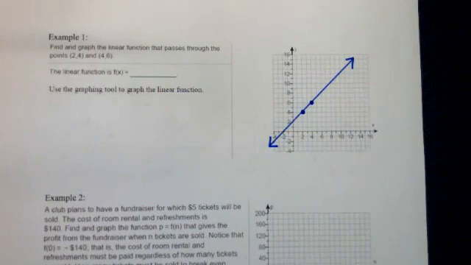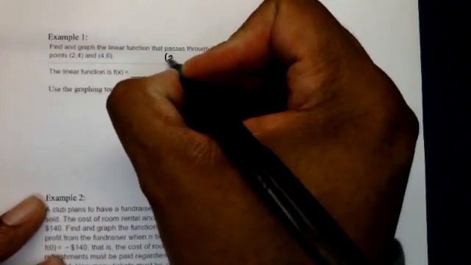All right, this is going back to college algebra, where the first thing you need to do here is find the slope of the line passing through those 2 points, 2, 4, and 4, 6.